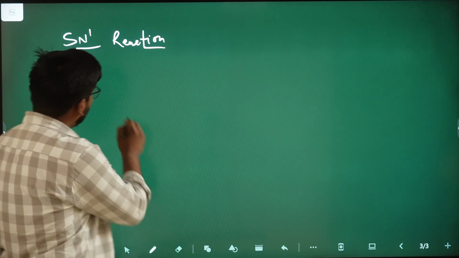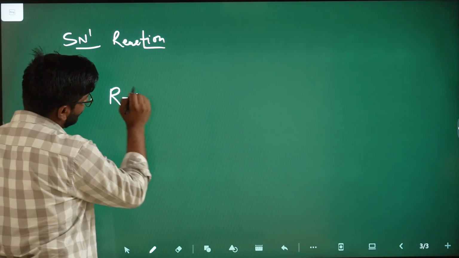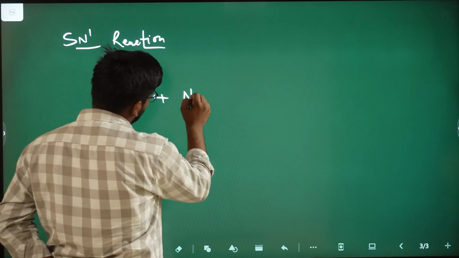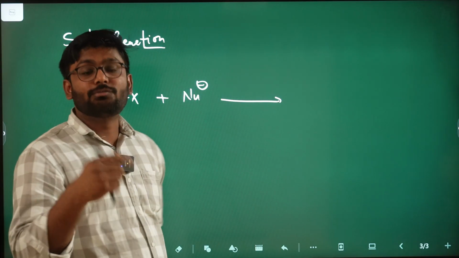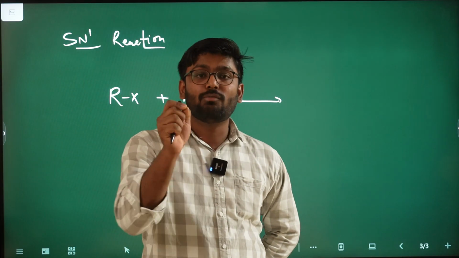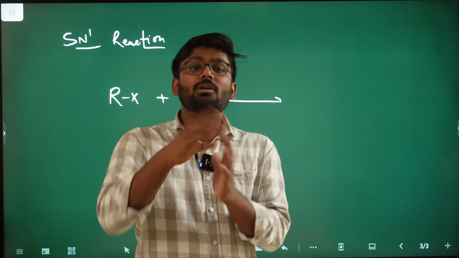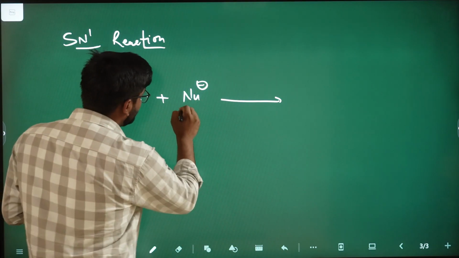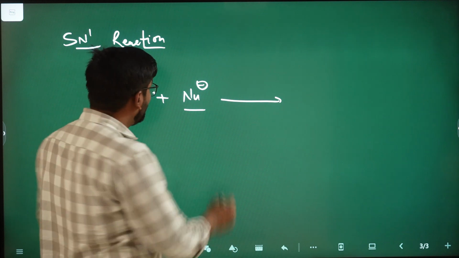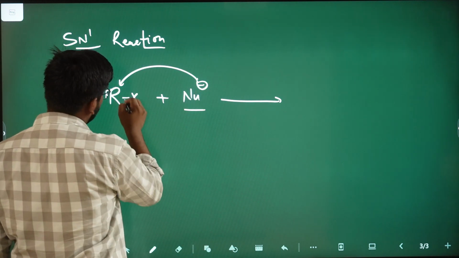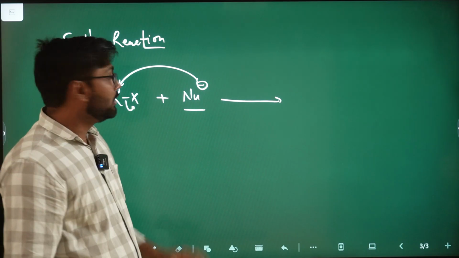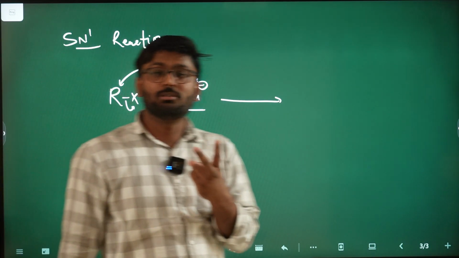So alkyl halide RX will react with one nucleophile. As the name suggests, substitution nucleophilic, that means one nucleophile will substitute another. So this is the incoming nucleophile. This nucleophile will attack the alkyl group and this will be removed. So there are two possibilities.